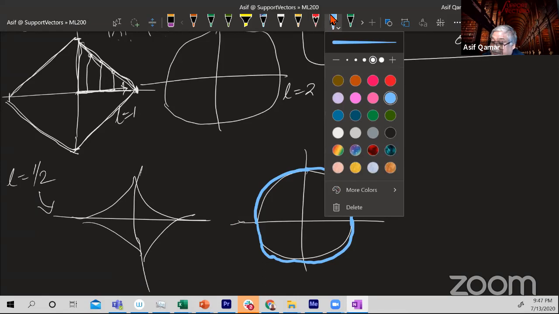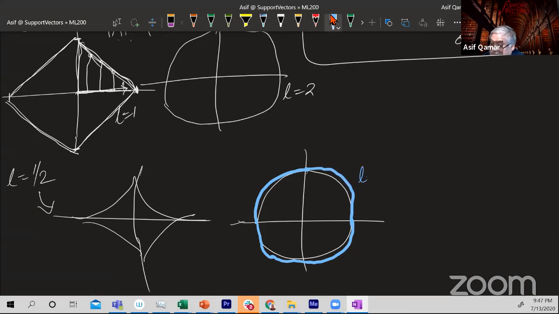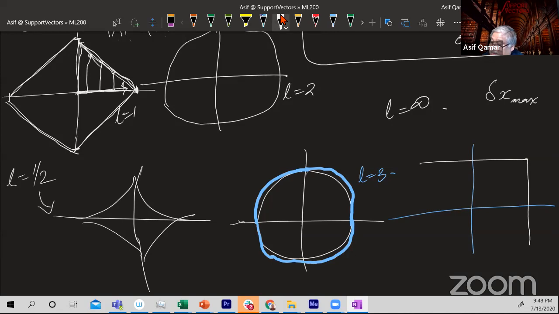And then remember, we talked of the infinite norm, L is equal to infinity, which devolves to the largest delta x, the max. So it looks actually like a unit square. The circle devolves into a unit square.